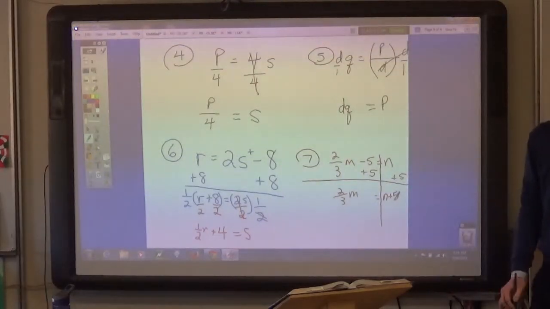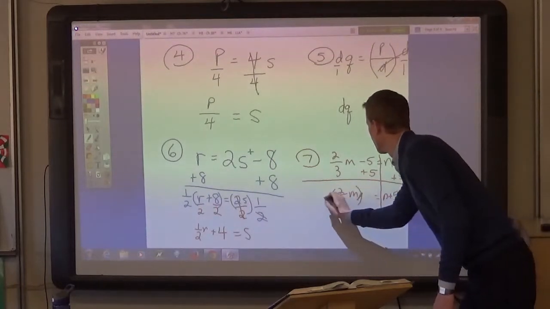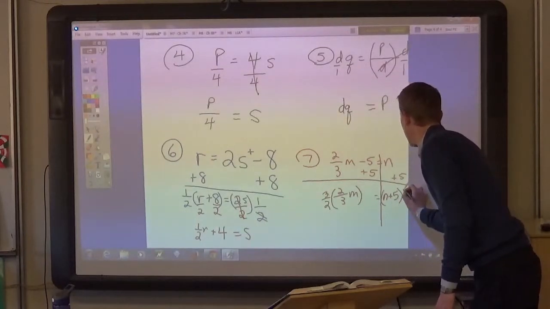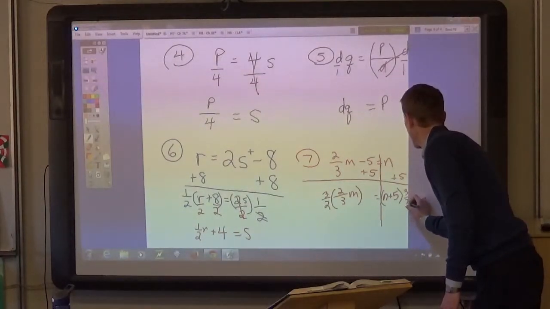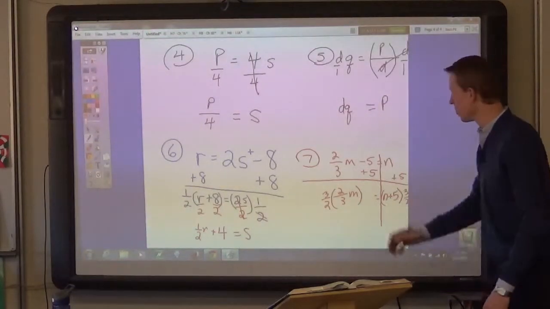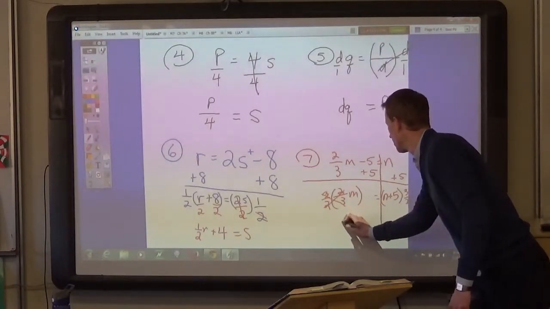Then multiply by the reciprocal of 2/3. Yep. Multiply this by 3/2. You see how you have to distribute that then? So these cancel.